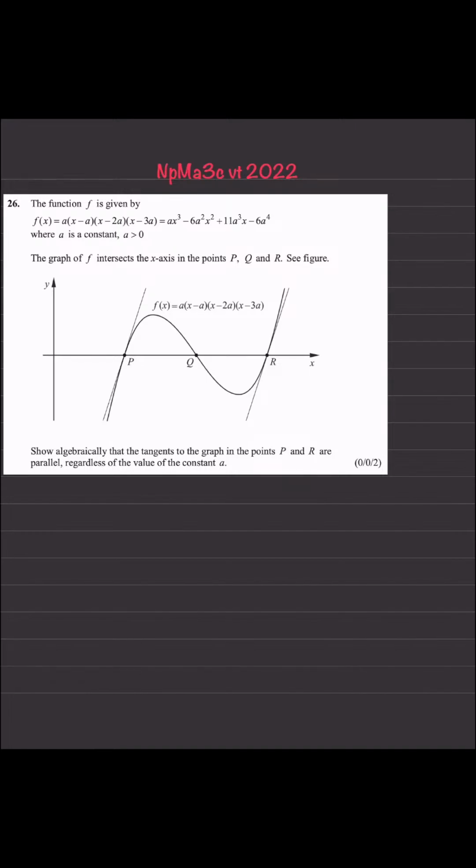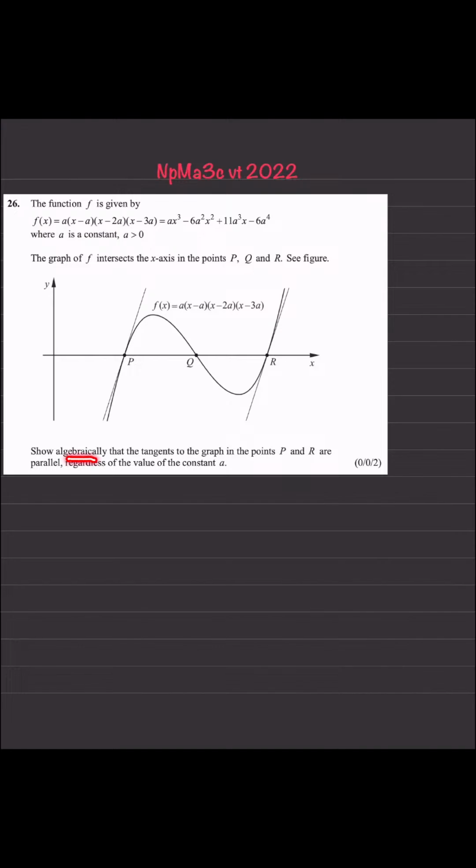The function f is given by f of x equals a times (x minus a) times (x minus 2a) times (x minus 3a), which is also equal to ax^4 minus 6a^2 x^3 plus 11a^3 x^2 minus 6a^4 x, where a is a constant and positive. The graph of f intersects the x-axis in the points P, Q, and R, as you see here.